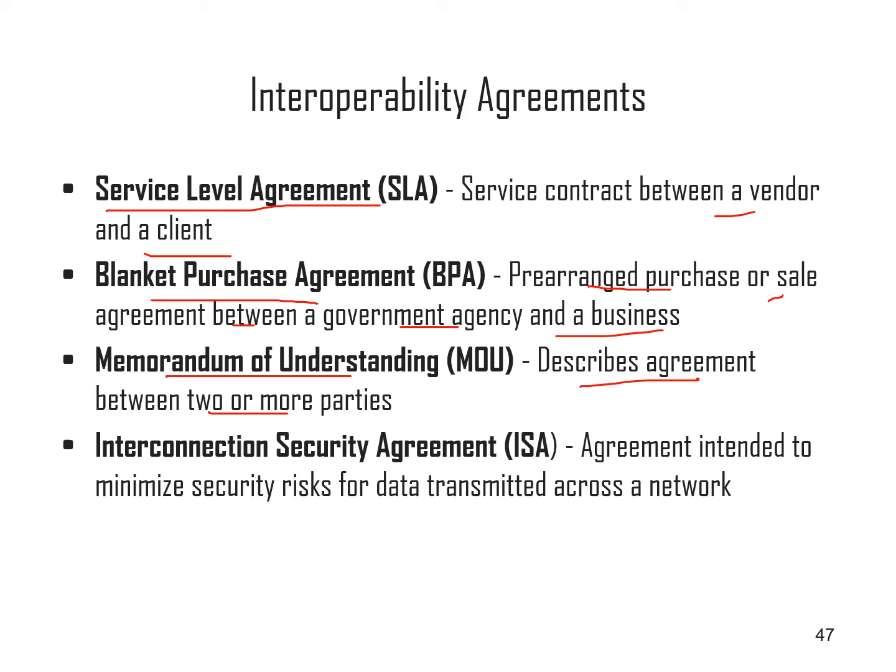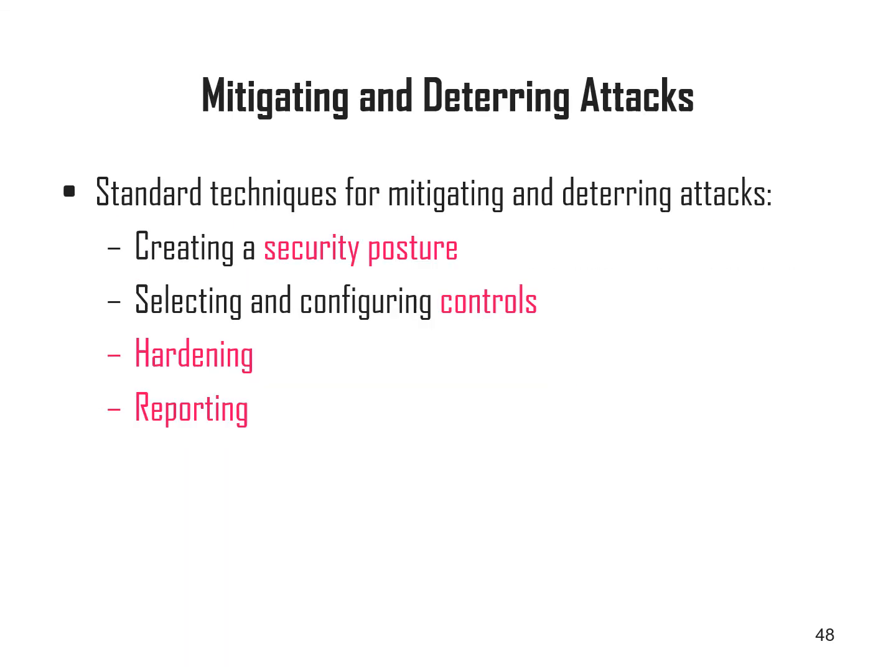Who will be handling the data? If the data is generated in our institution, do they have the capability of accessing our data? That is the memorandum of understanding. Interconnection security agreement is intended to minimize the security risks to our data transmitted across the network. Dealing with data transmitted across the network is the interconnection security agreement.